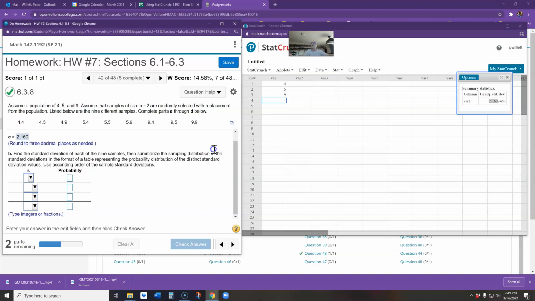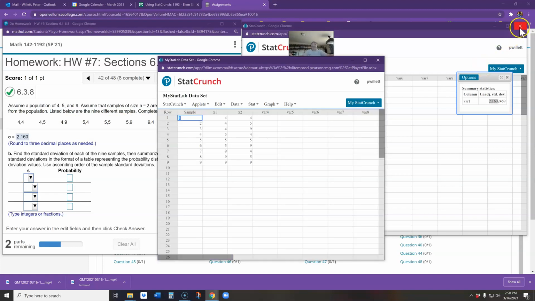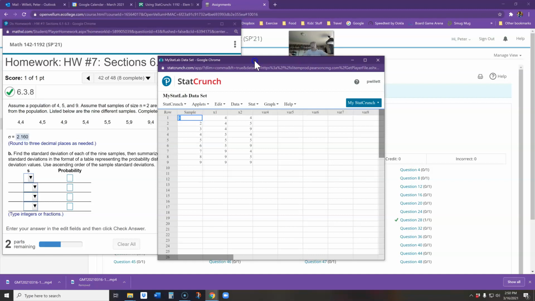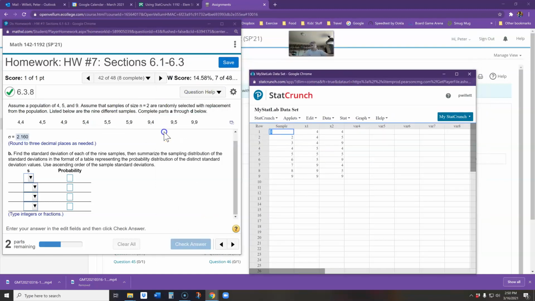So let's try this. Let's say that I open this data set of all the samples in StatCrunch to see what it looks like. And I'm going to get a new table, so I'm going to get rid of my old one here. When you list these pairs of values, they don't know how to organize it.